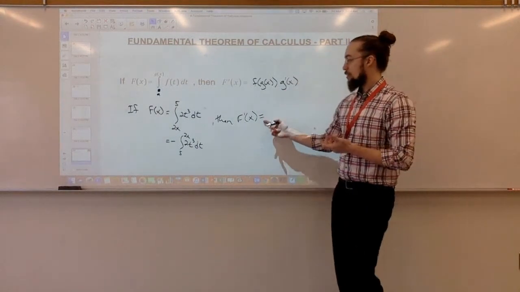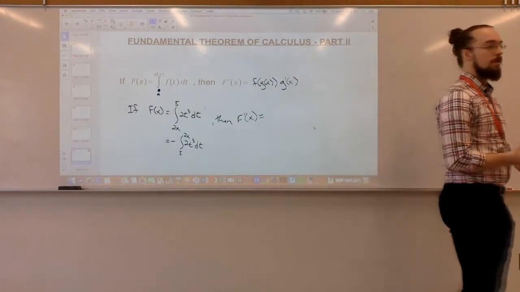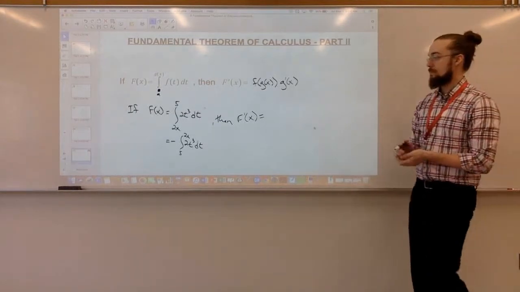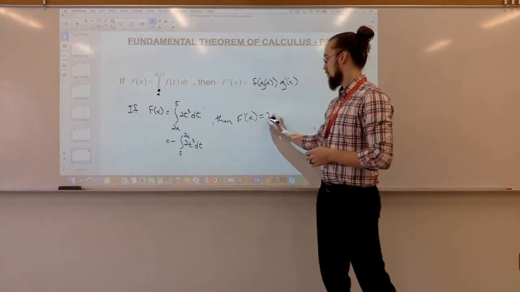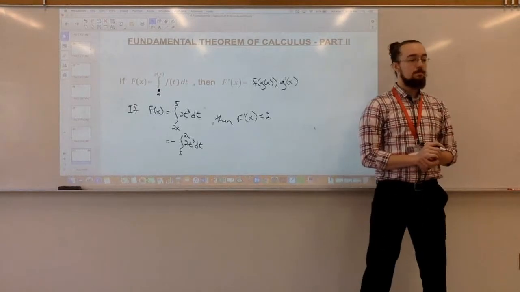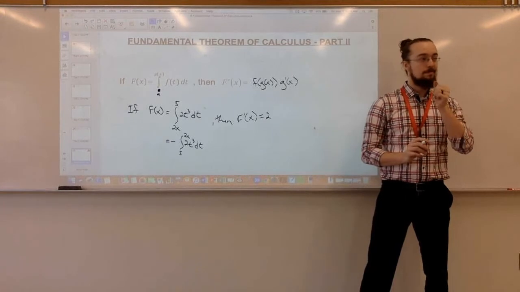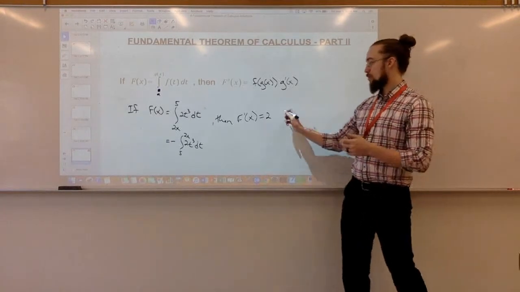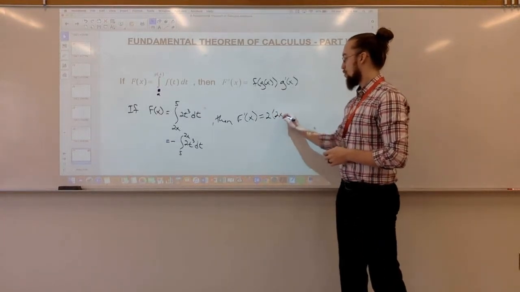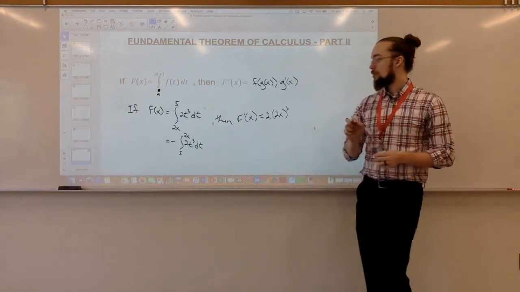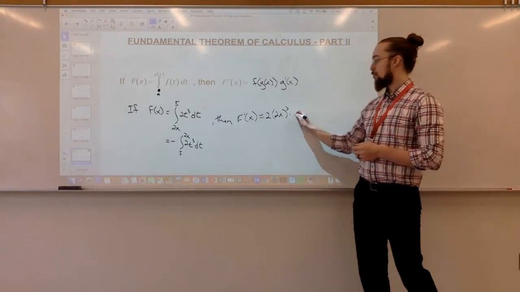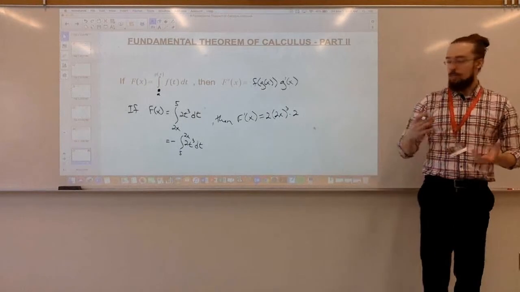So what would my derivative of this integral be? Times 2x cubed times 2. So how can I clean that up?